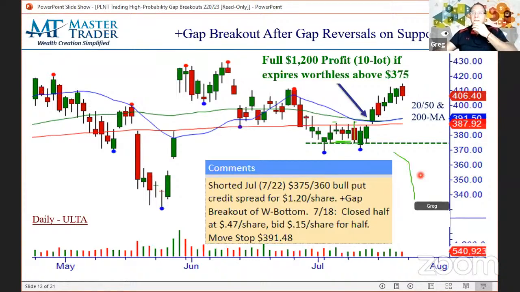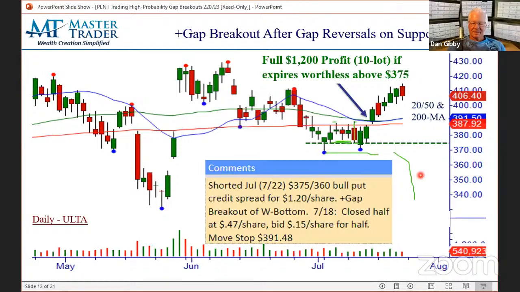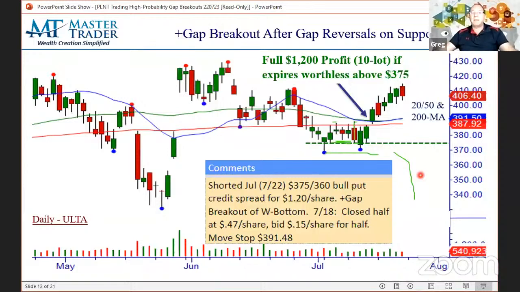Now it's got this support point here, but based on that failure, it should break through it. And then it doesn't. What that communicates is that somebody with a lot of money could give a damn about that red bar. And when it gapped lower, they bought the hell out of it. And when it closed here and gapped lower the next day, they bought the hell out of it again.